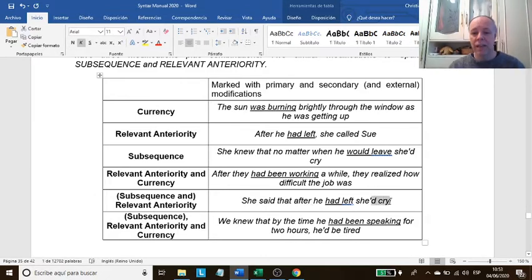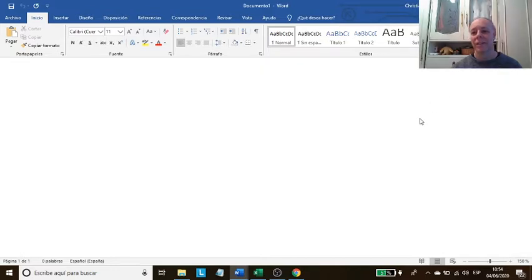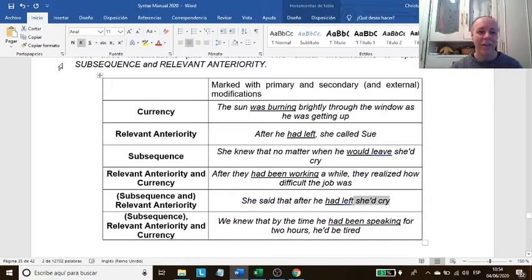So this part, "she would cry," is the subsequence part, because it's the conditional form. Underlining is S. And then subsequence, relevant anteriority, and currency together.